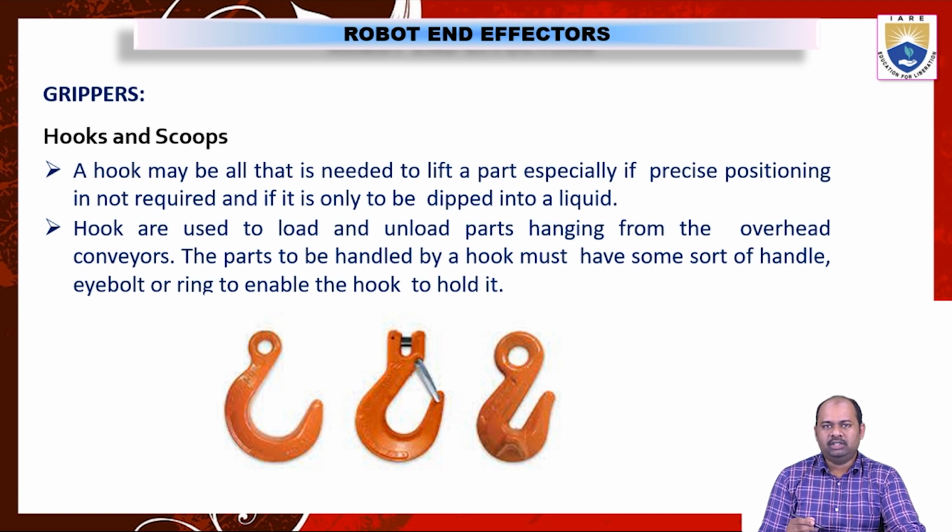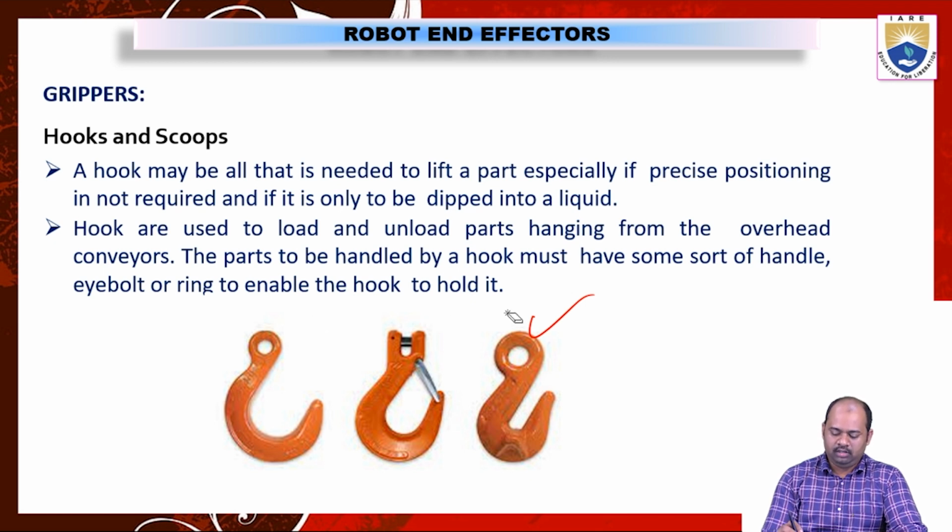Depending on the application, multiple loads can be lifted using these kinds of hooks. There are 3 hook designs here. The first is the open hook, the second is the locked hook, and the third is the U hook, which has very high strength capability compared to the other 2 hooks.